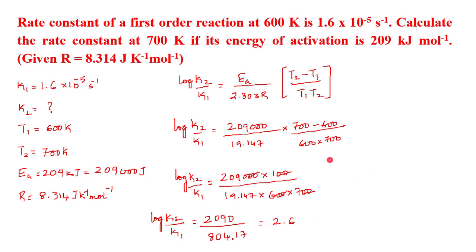So K2 by K1 is equal to anti-log of 2.6. While finding the anti-log, in the anti-log table you look for the value 0.6 under 0, write whatever value comes, and after that the integer part has to be made the power. So K2 by K1 is equal to antilog of 0.6.